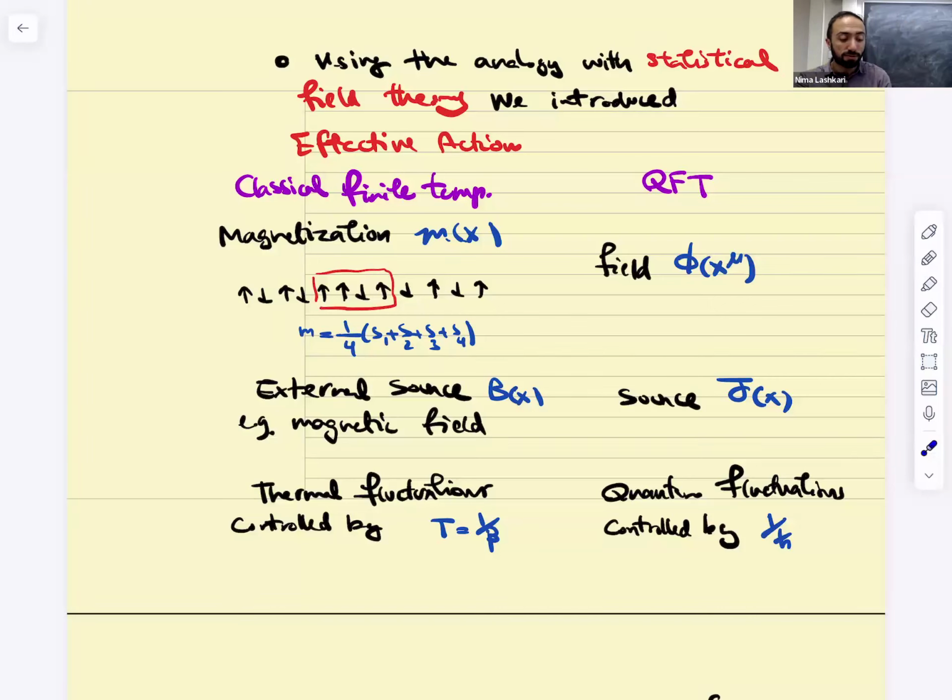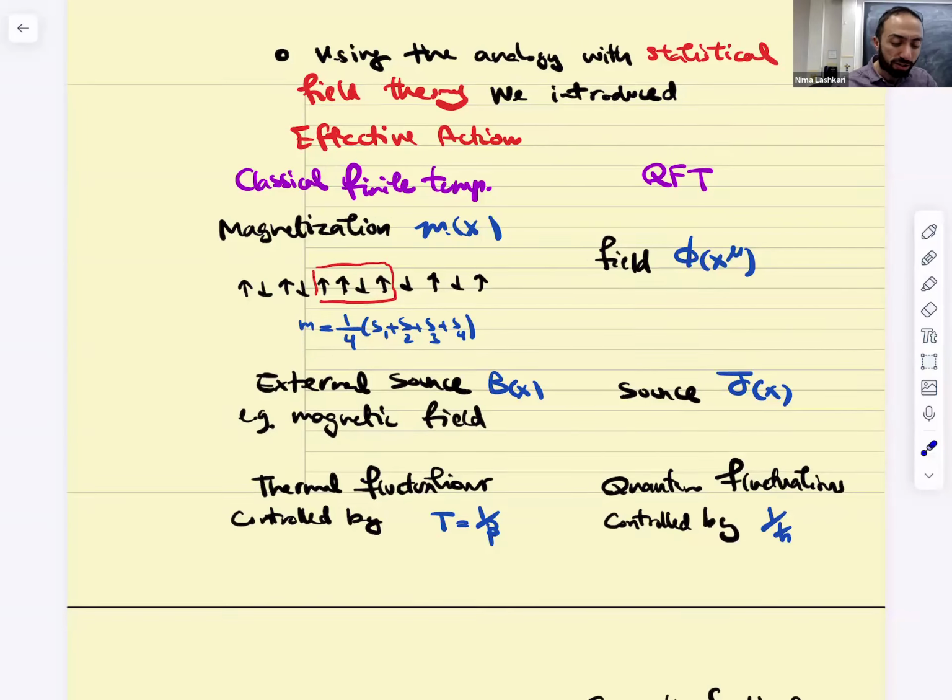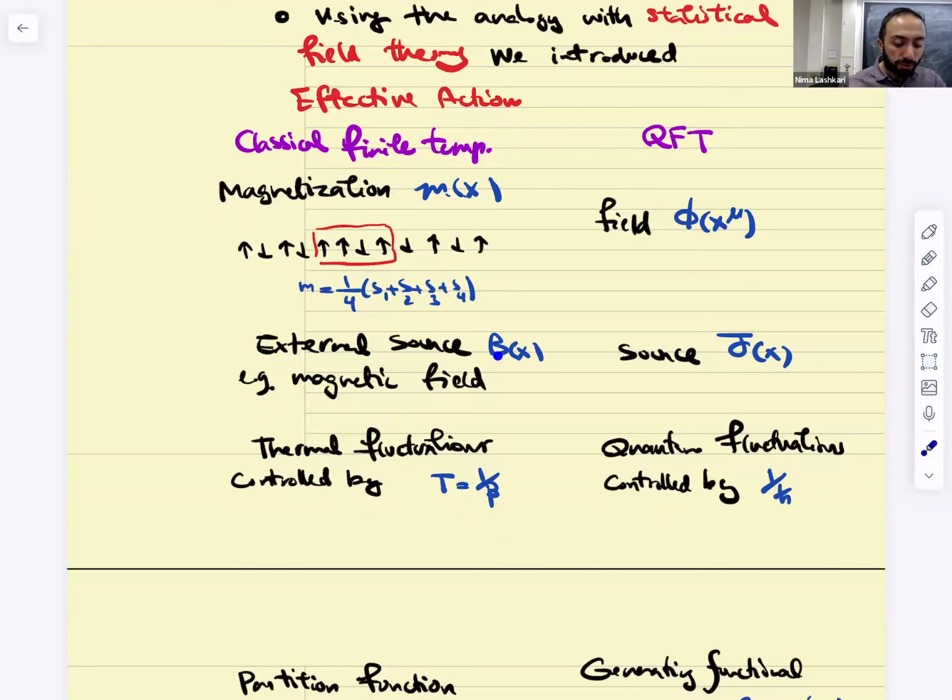So you end up with a field, a classical field. That classical field is the analog of phi of x mu, the field in space-time in classical field theory, in QFT. The external source here is the magnetic field. You could have B of x that you could apply to align these magnets, right? And the analog of that in QFT is J of x. It's the source for the field phi.